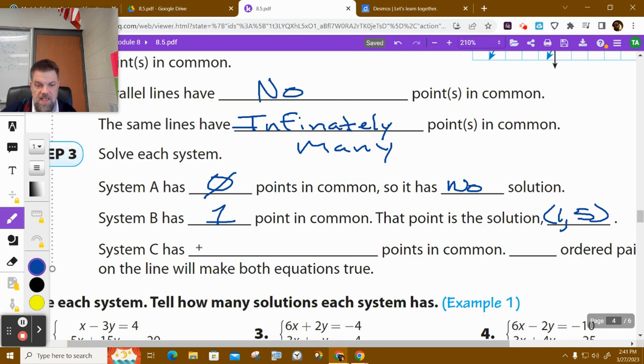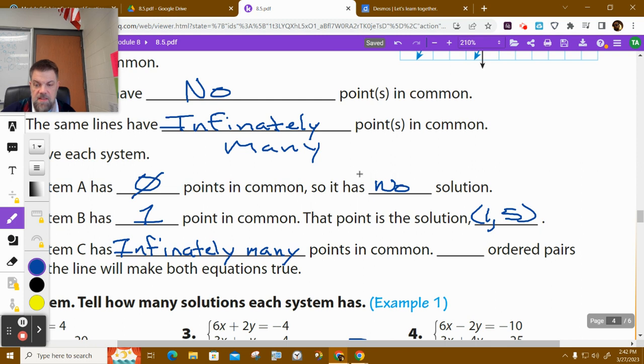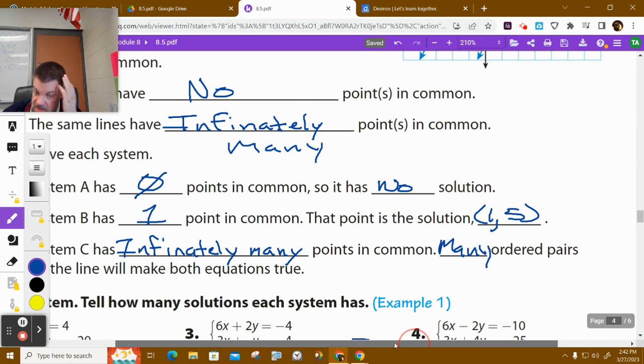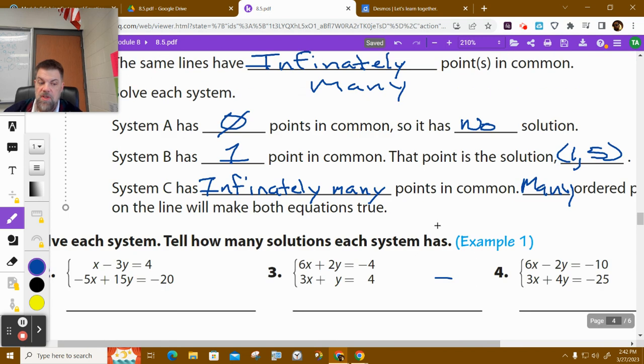And system C has infinitely many points in common. So it has many ordered pairs that are on the lines, and they make both equations true.